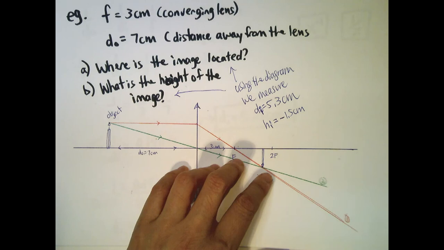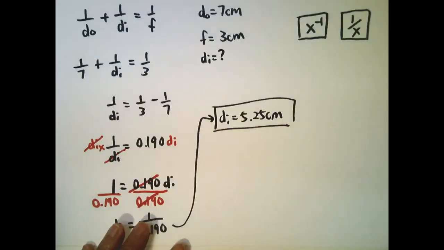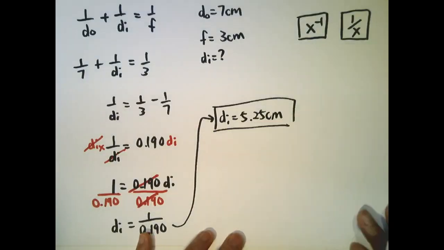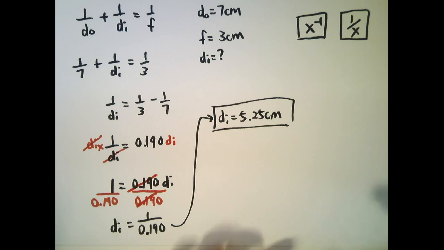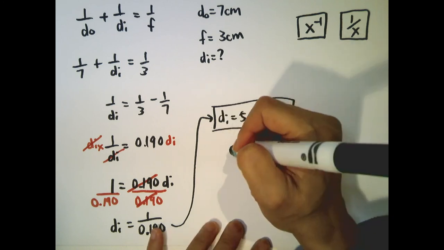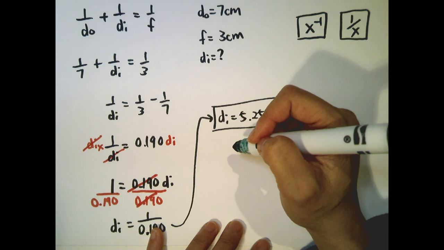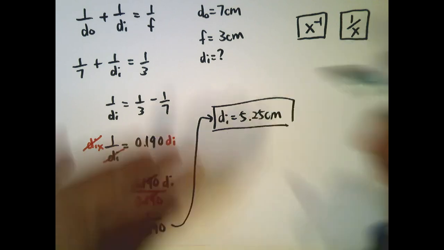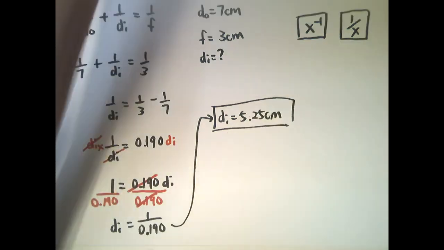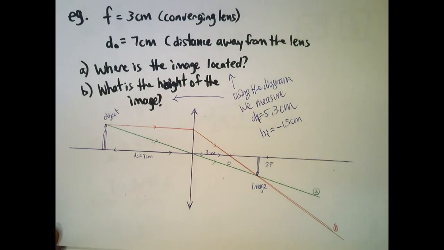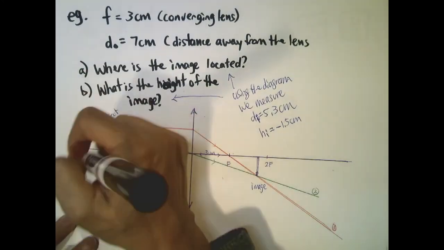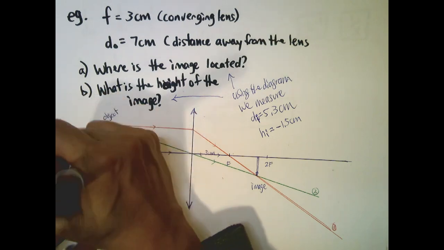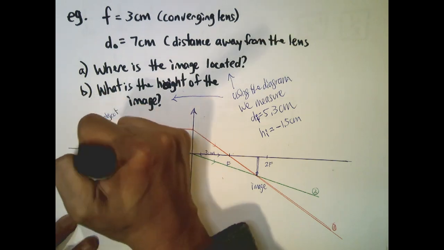All right, so let's go back and calculate the height. When we drew our object, we had HO is 2 centimeters.